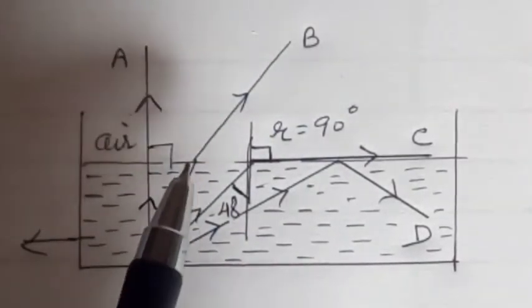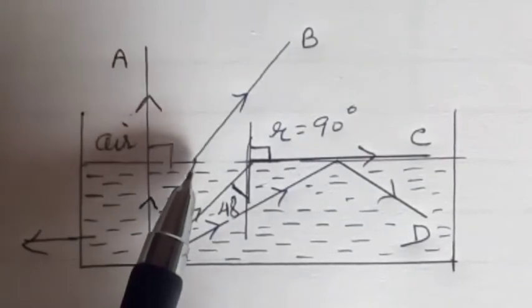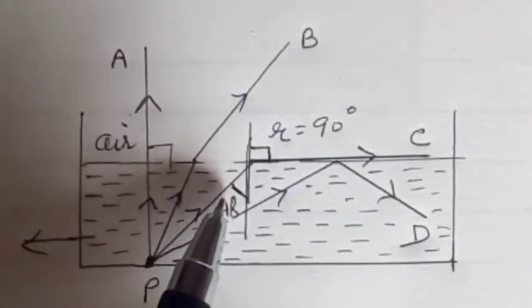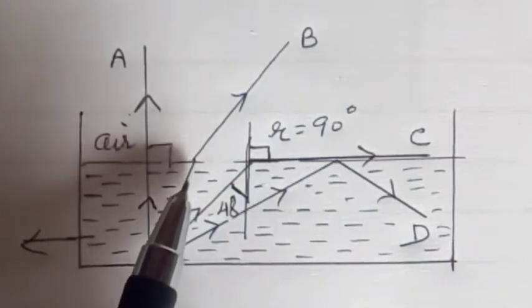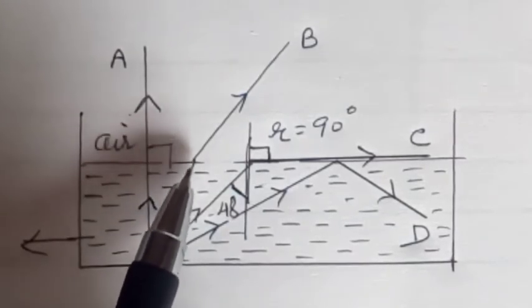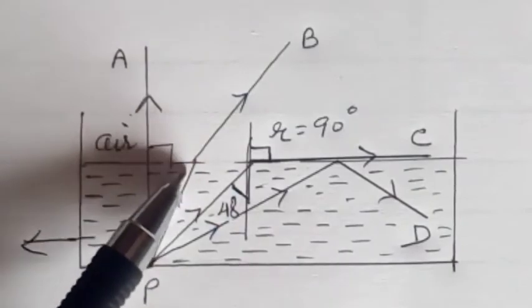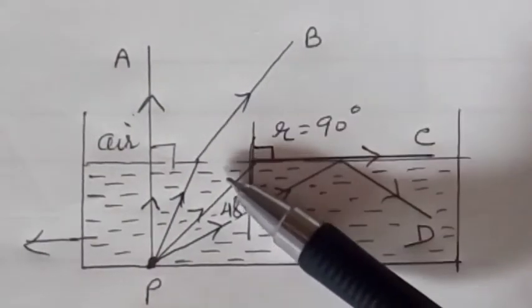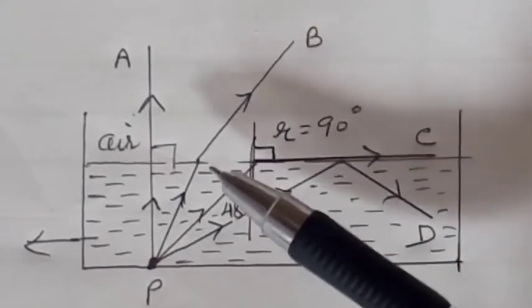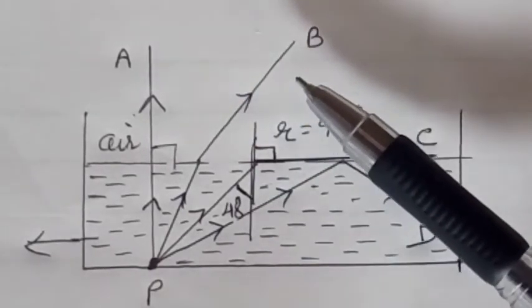For ray B, we find the angle of incidence is less than 48. This angle is 48, and this angle of incidence over here is less than 48. The angle of incidence is less than the critical angle. Hence the ray gets refracted. It moves out into air, moving away from the normal.